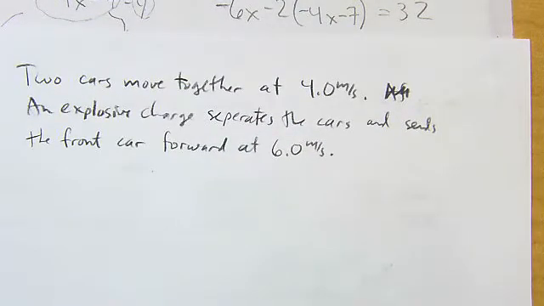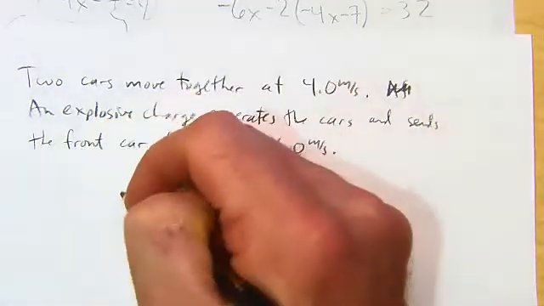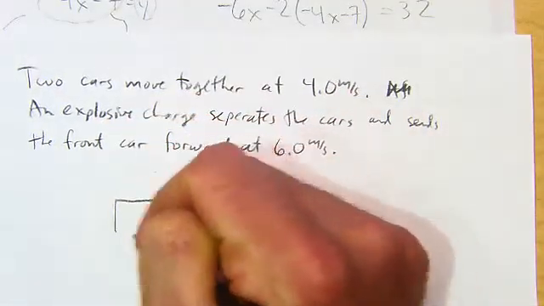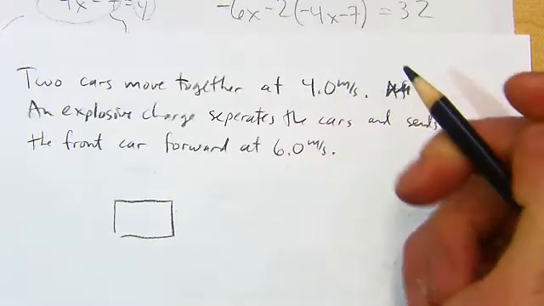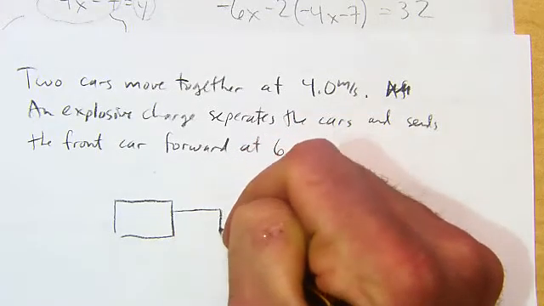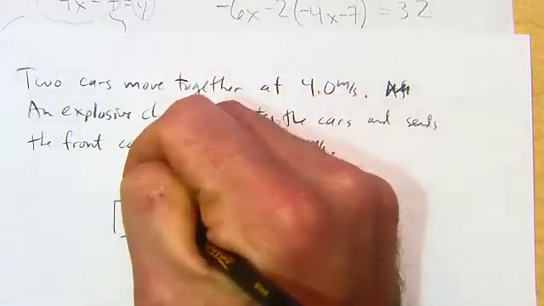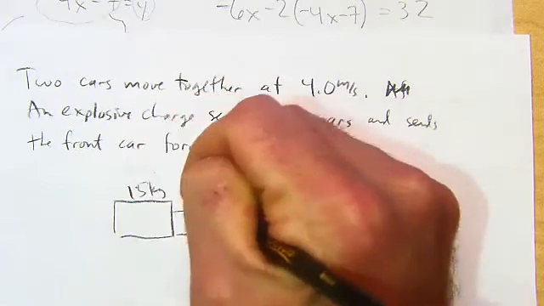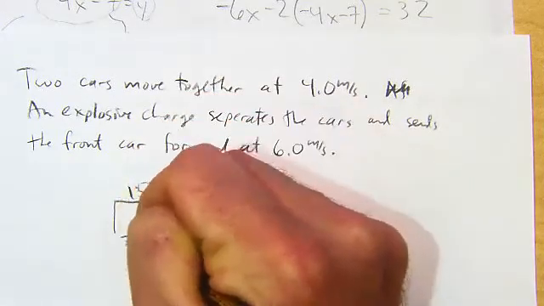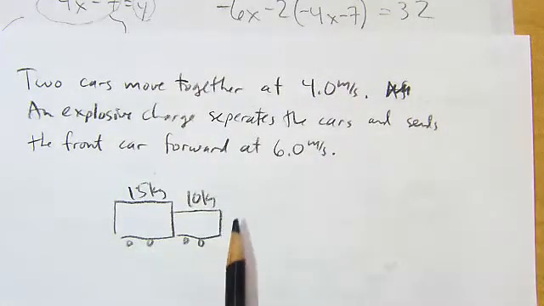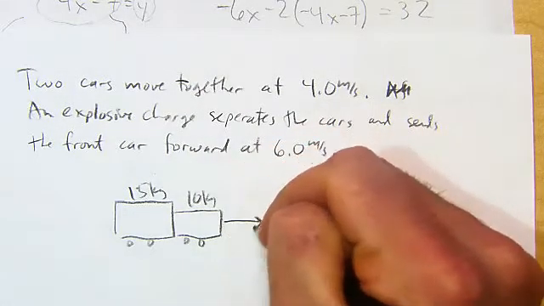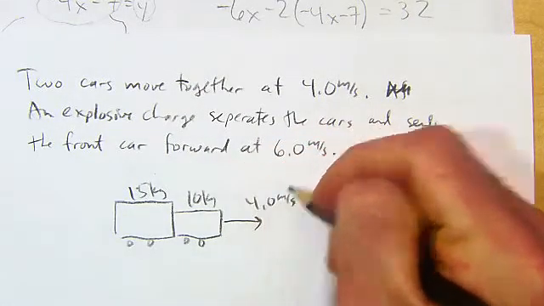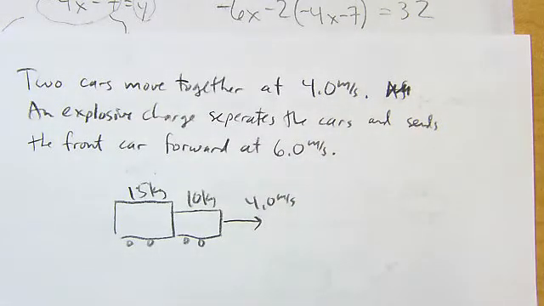And then the other type of problem you'll see is where they're going to explode apart. Two cars move together. Let me give you the masses. Let's say 15 kilograms here, 10 kilograms here, and they're moving together at 4 meters per second. So this is the before impulse situation.